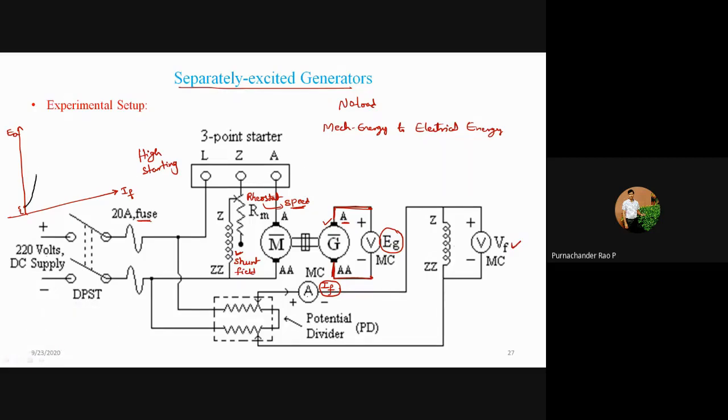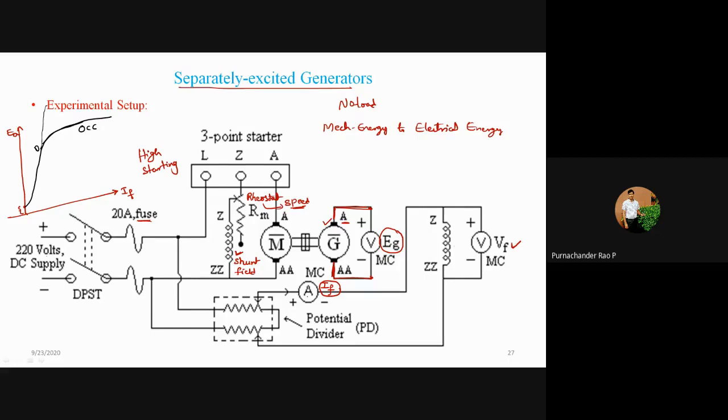It varies linearly, then after that it will have a constant value. If you draw a dotted line, this is the linear variation, and this is a point D where saturation starts. This is called the open circuit characteristics.